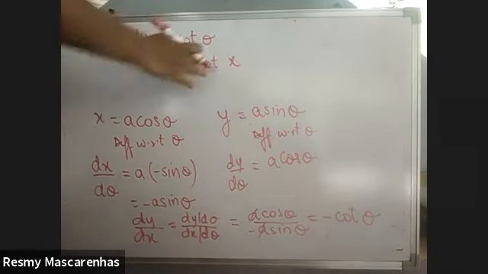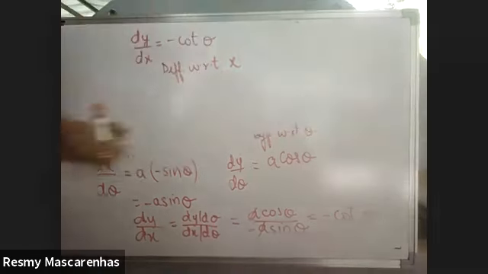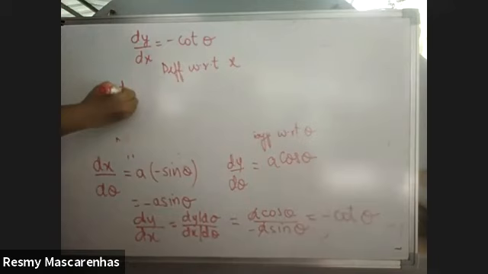So this is with respect to x. So again, when you differentiate, what will happen? Straight away, this will be d square y upon dx square.